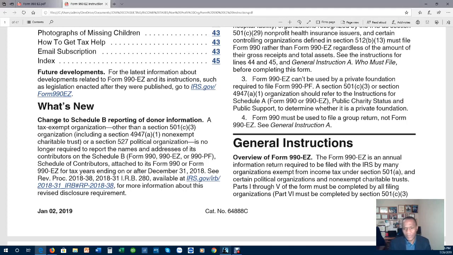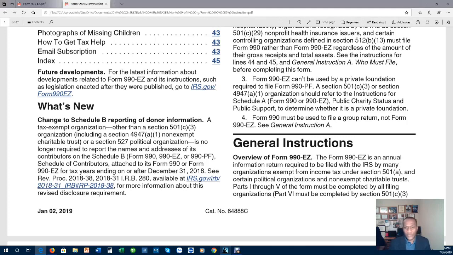These organizations are no longer required to report the names and addresses of these contributors on Schedule B, Form 990, 990 EZ, or 990 PF for private foundations.